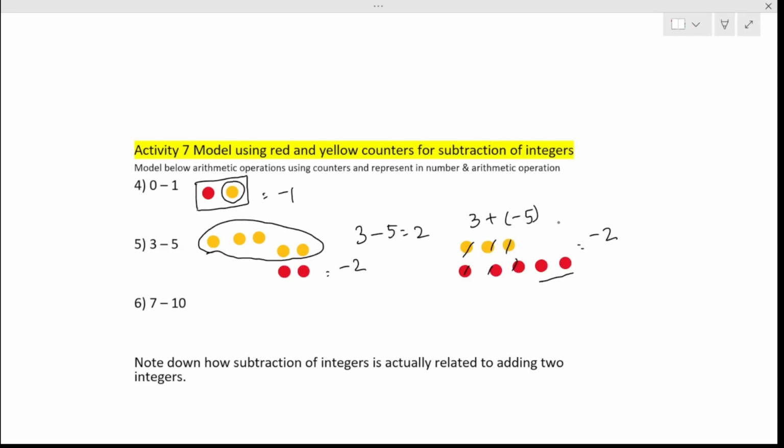So this is the takeaway example and this is adding negative integers. So subtraction is nothing but adding negative integers. So try modeling 7 minus 10 in a similar way.